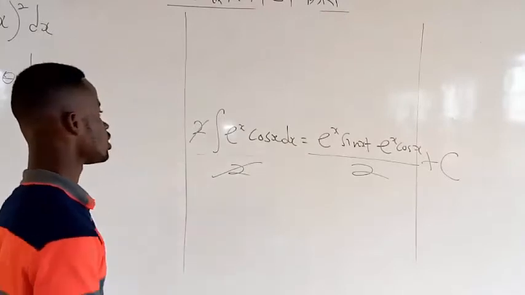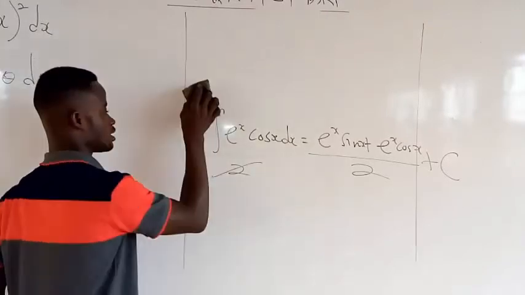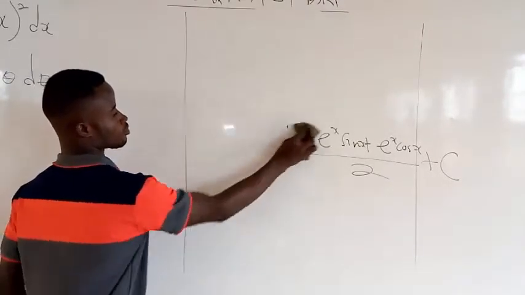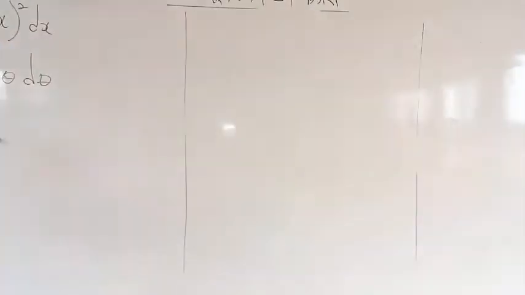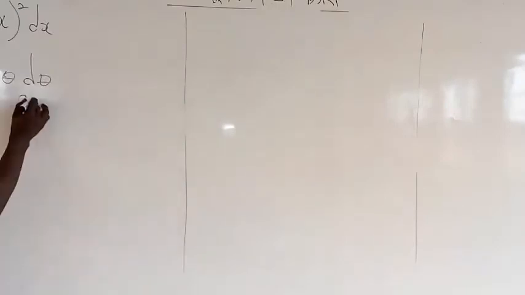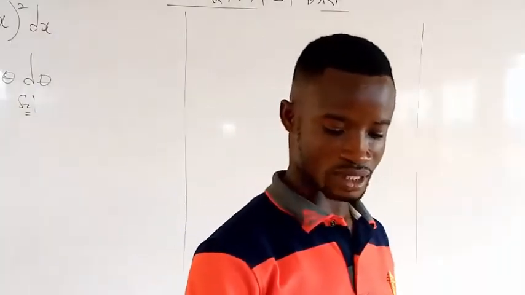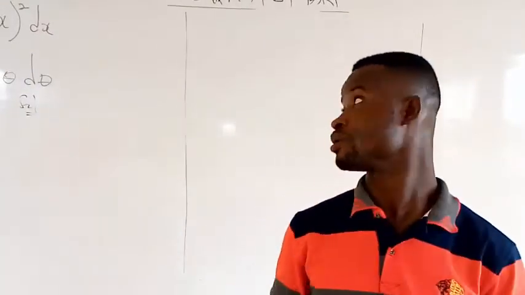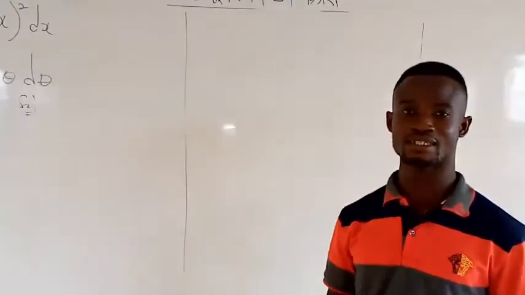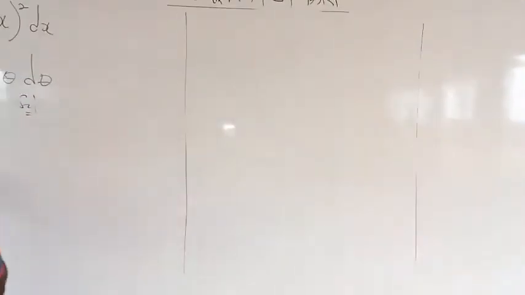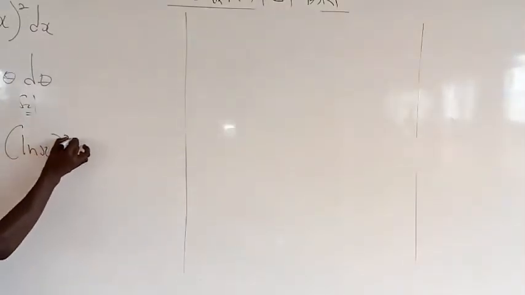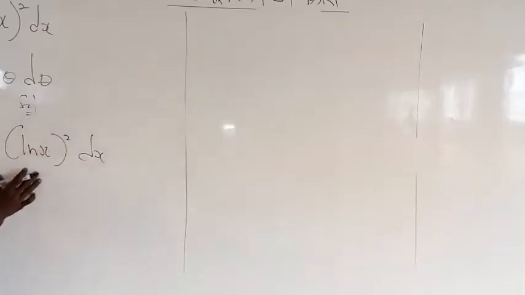Very good. Now let's go and look at this. Maybe our last question under this part before we move to the second method in solving integration by parts. So here, integral of s ln s squared ds.